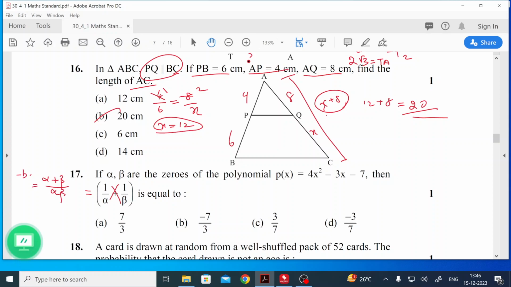Alpha plus beta formula is minus B by A, alpha into beta formula is C by A, cancel. Minus B by C I got. Here A value 4, B value minus 3, C value minus 7. Minus of minus 3, so plus 3, divided by C value minus 7. That is minus 3 divided by 7. Do you understand? Minus 3 divided by 7.